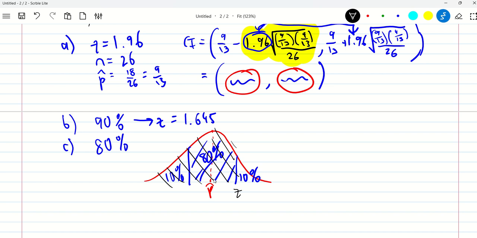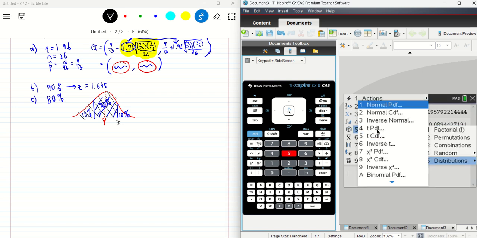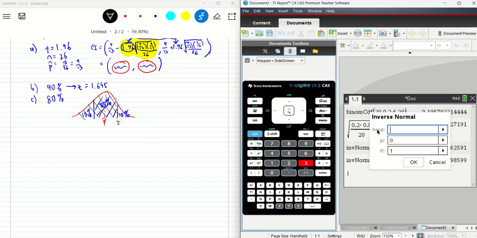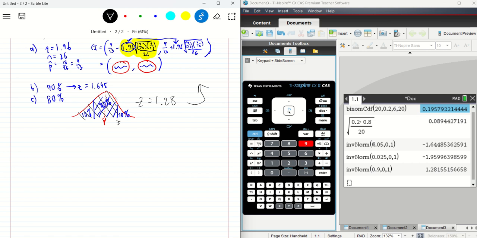So what we do is we go to the calculator and we go menu, probability 5, distributions, inverse normal, and we say 0.9, that's the area below, for a standard deviation of 1 and a mean of 0. So we're just trying to find our standard value Z, and that's 1.28. Okay, so our Z score here is equal to 1.28, and then we would do exactly the same as before, but just change to a different Z value.